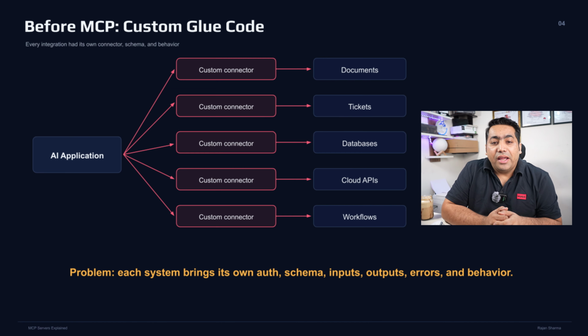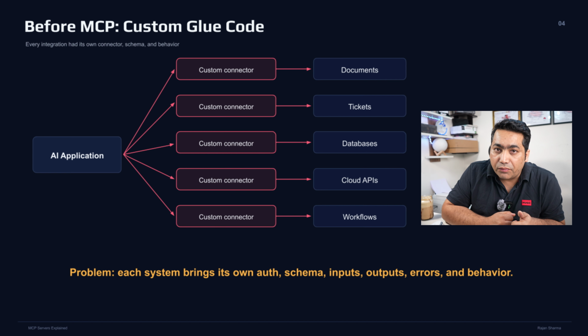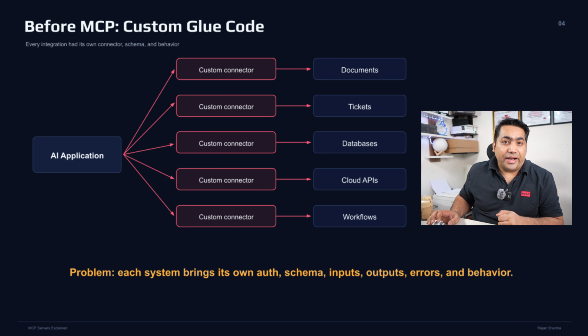Before MCP, every integration had its own connector. So one connector for documents, one for tickets, one for databases, one for APIs, and one for workflows. And every connector brought its own behavior, like different authentication, different schemas, different input format, different output format, and different error handling.